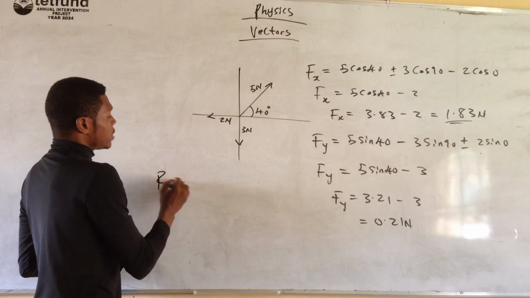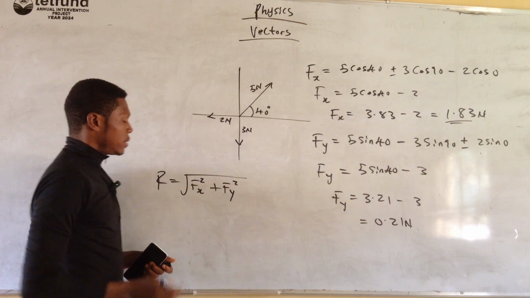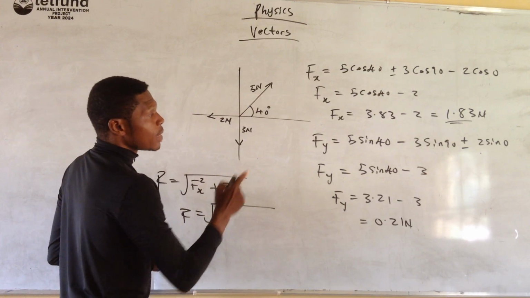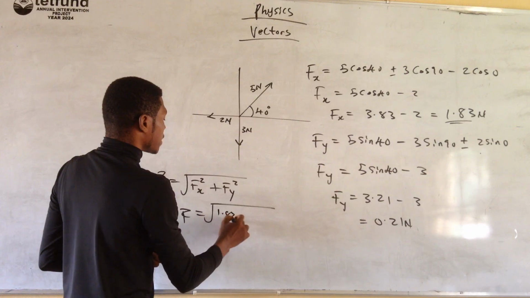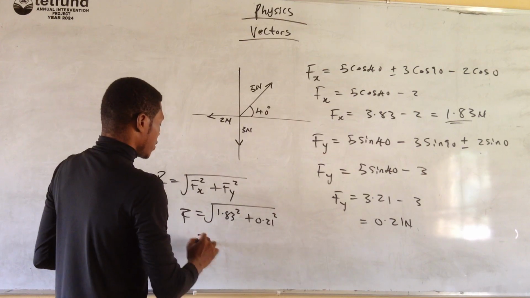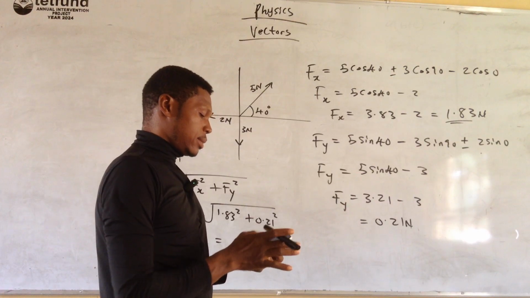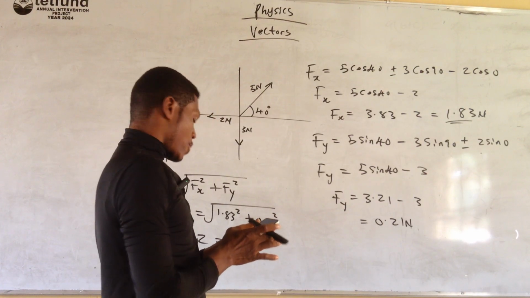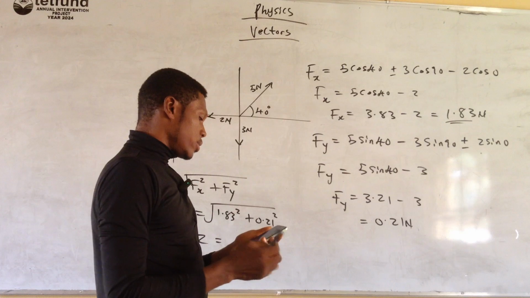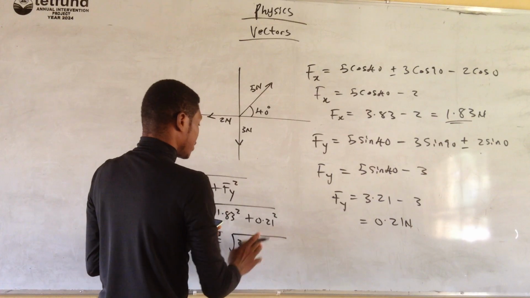So the resultant R is equal to the square root of Fx squared plus what? Fy squared. So R is equal to the square root of 1.83 squared plus 0.21 squared. 1.83 squared is 3.35 approximately.